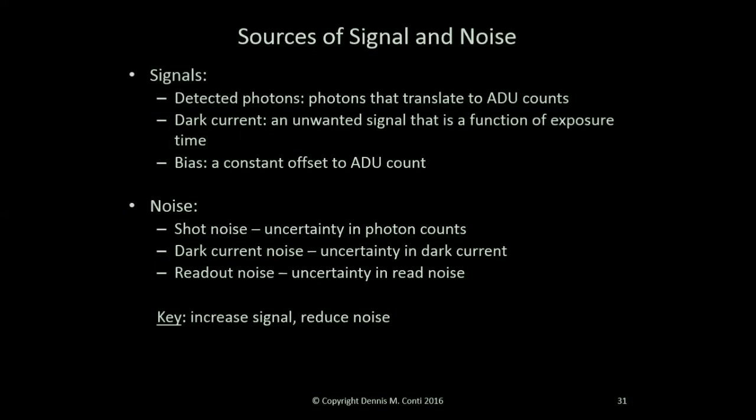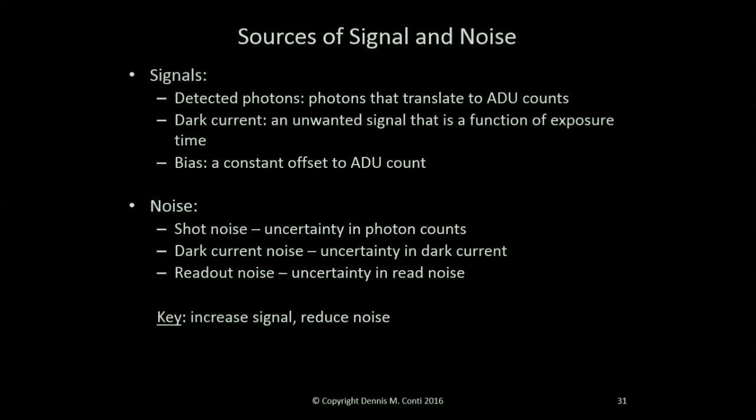And as we said earlier, that's a function of exposure time. There's another type of noise that is just a constant offset to our ADU counts when we read an image from the CCD detector. And even though we say it's noise, it's actually a signal that needs to be eliminated. And that term is called bias.